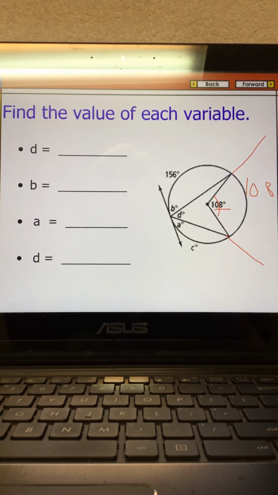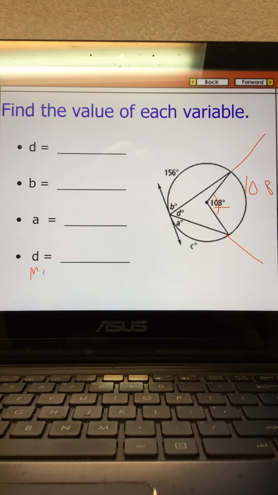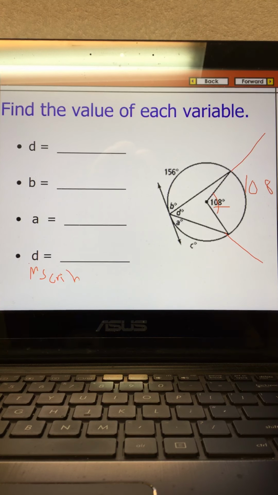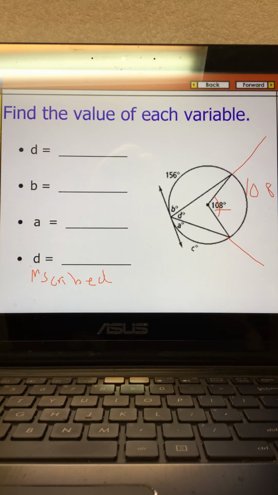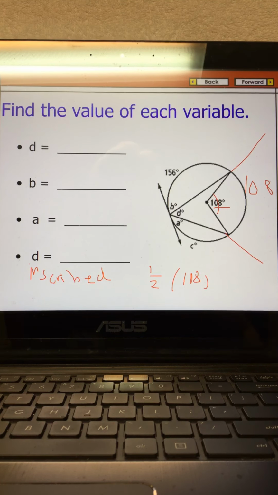Angle D is an inscribed angle. Remember, if it's inscribed, it's going to be half. So for D, we're going to be taking half of the 108. And so I think half of 108 would be 54. So D would be 54.